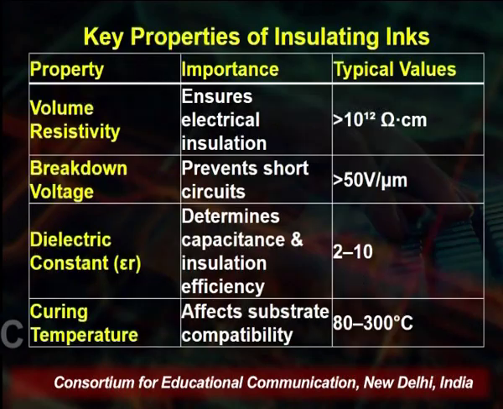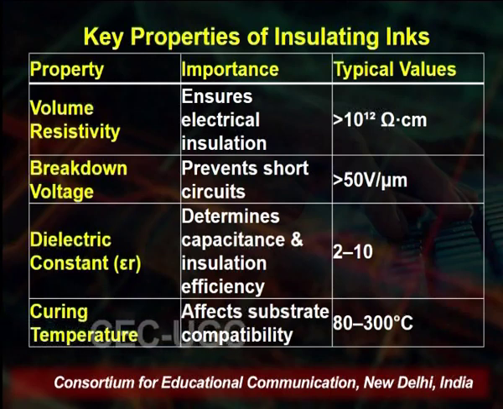These are the key parameters to keep in mind whenever we choose the ink: volume resistivity, breakdown voltage, dielectric constant, curing temperature. Again, the curing temperature is similar to what we discussed in the dielectric ink, that must be 80 to 300. Dielectric constant must be 2 to 10 and determines the capacitance and insulation efficiency.